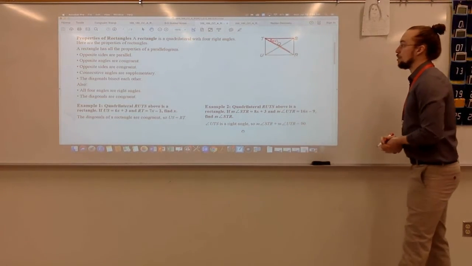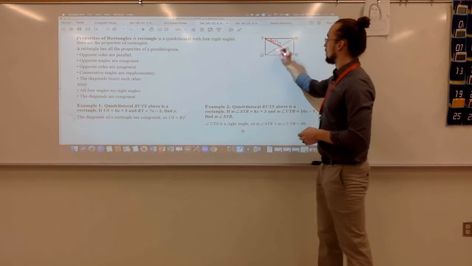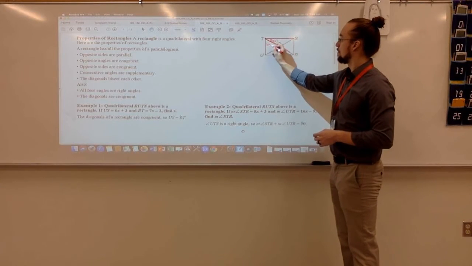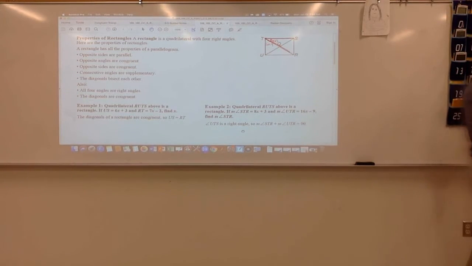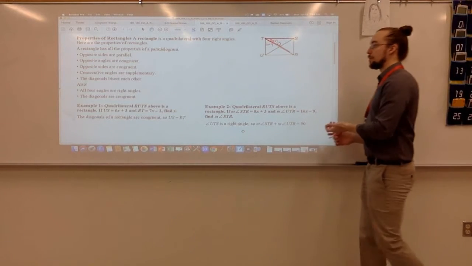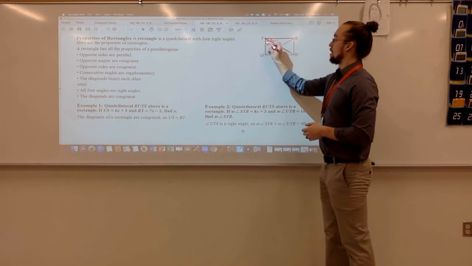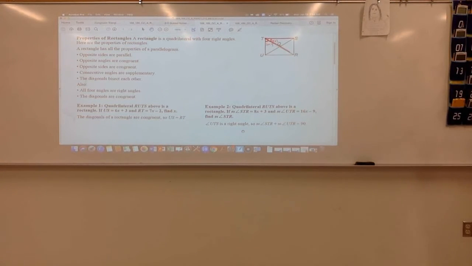And then angle UTR, this angle right here, is 16x minus 9. Well, those are adjacent angles in a rectangle here. One of the big properties of a rectangle is that all 4 angles are right angles. So these 2 angles will be complementary, meaning they add to 90.